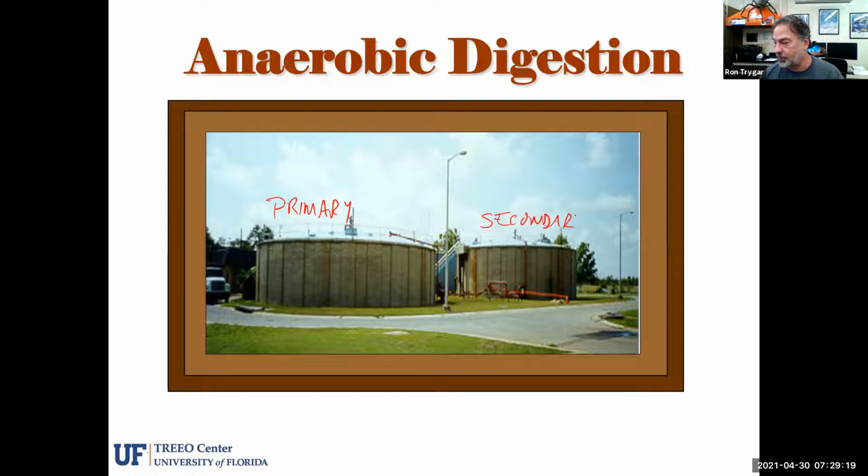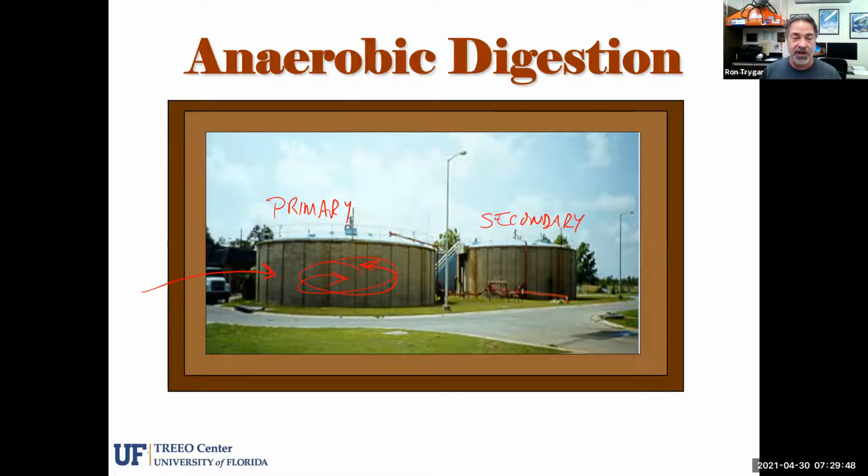And that's going to be important for us in this discussion because all the activity is occurring in the primary digester. When we pump sludge into the digester, the raw sludge in, these digesters are usually really well mixed.